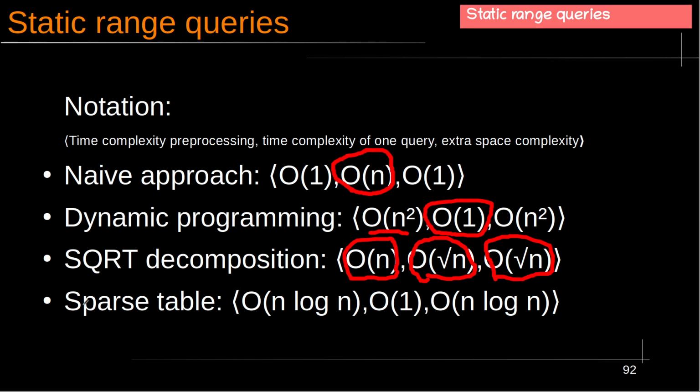You can also use the sparse table. It's constant time for a single query. The preprocessing to build the sparse table is n log n, of course, and the size of the sparse table is n times log n, as you see.